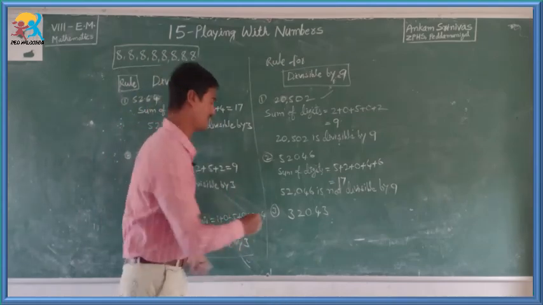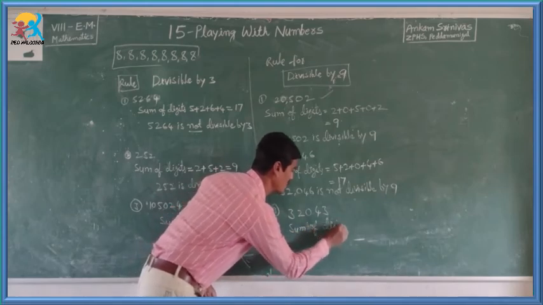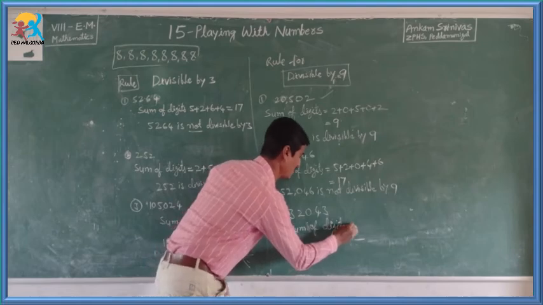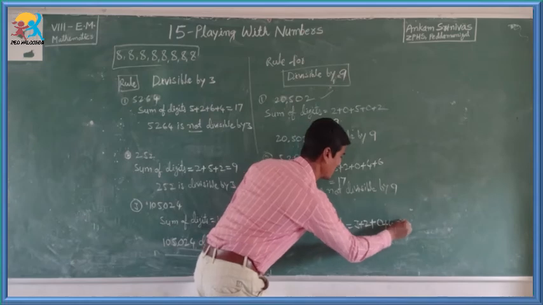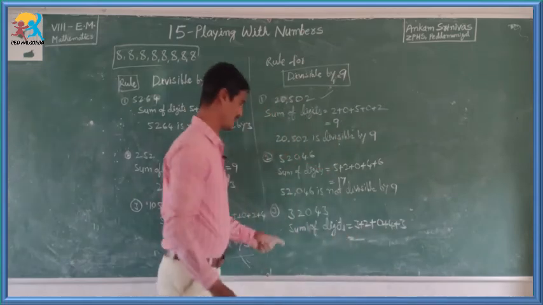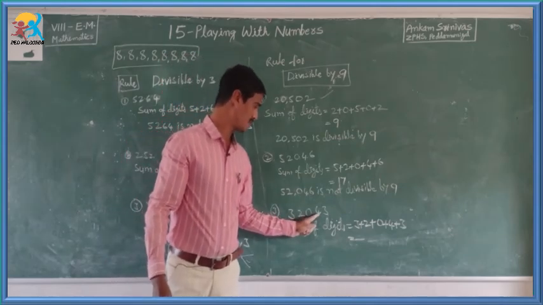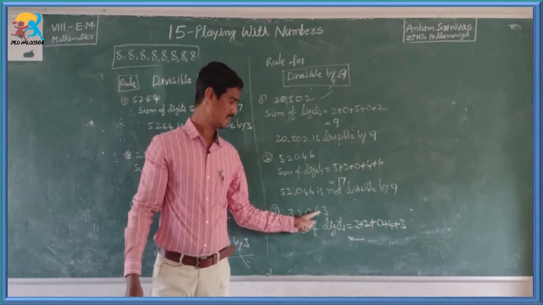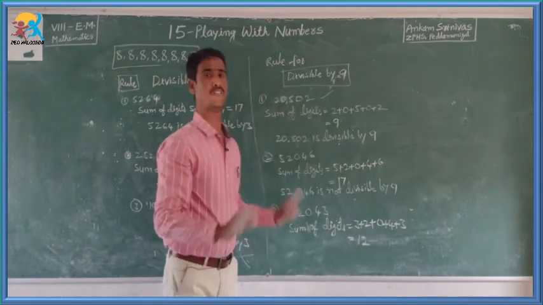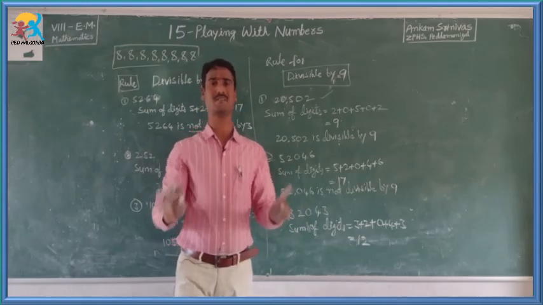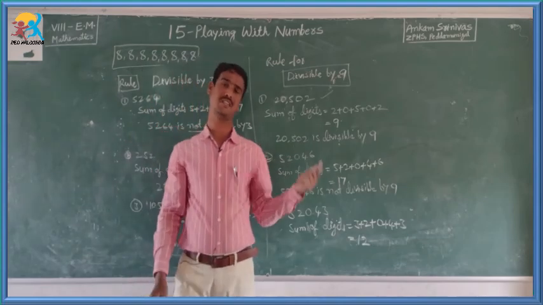Now here, sum of digits: 3 plus 2 plus 0 plus 4 plus 3. 3 plus 2, 5. 5 plus 4, 9. 9 plus 3, 12. 12 never comes in the 9 table, because 9 ones are 9, 9 twos are 18.